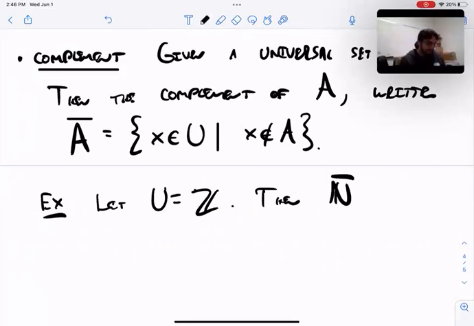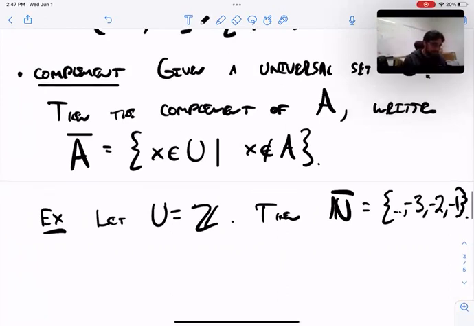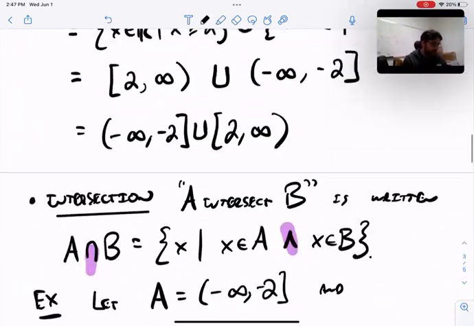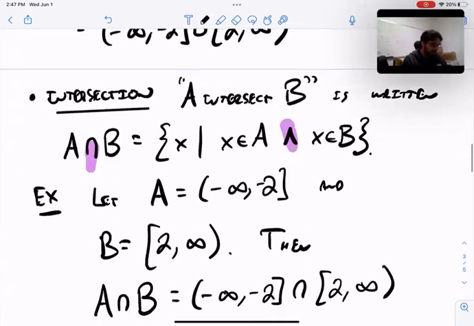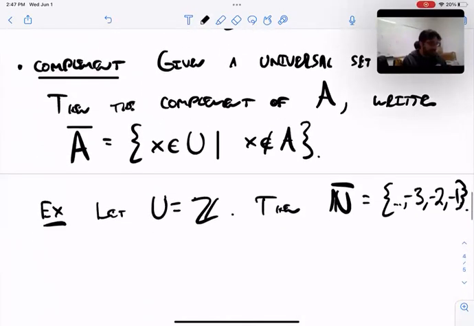Then the complement of the natural numbers would be just the negative integers, because I want everything but the natural numbers. That's what the complement is. So there we have union, intersection, and complement, three very, very common set operations.